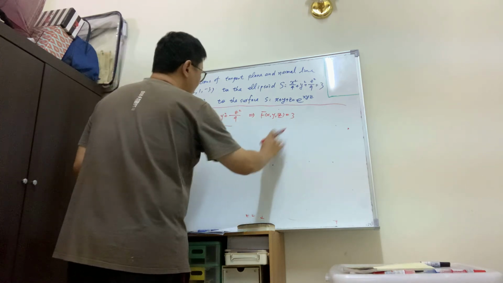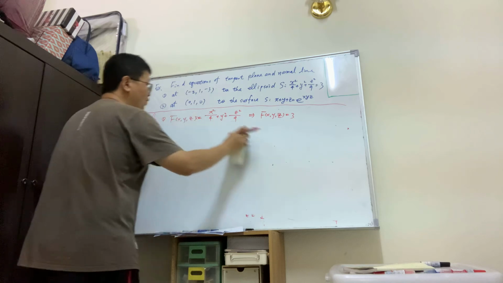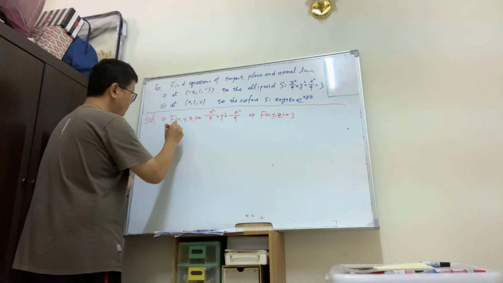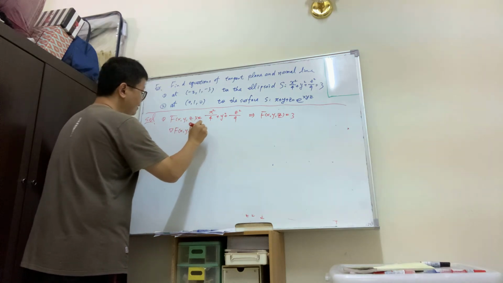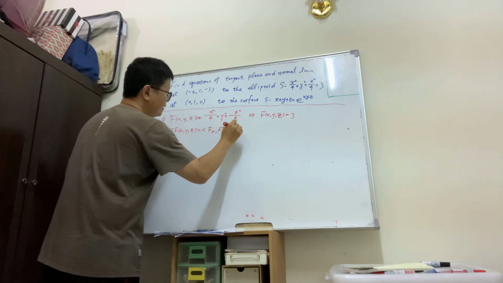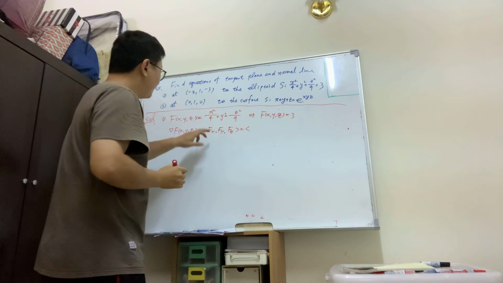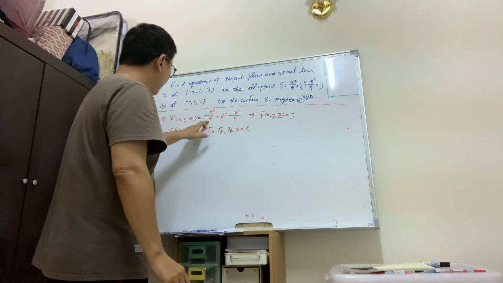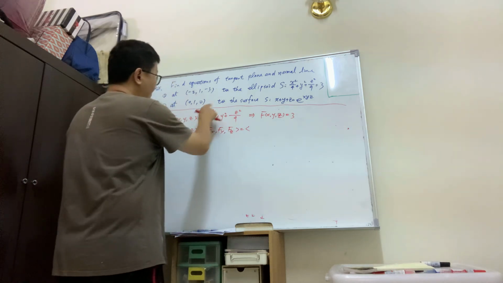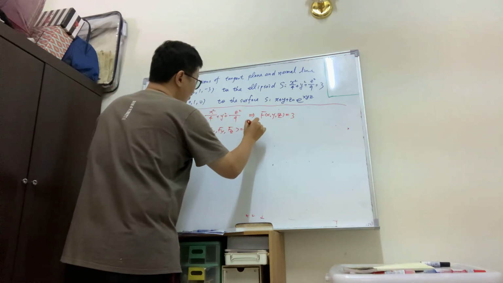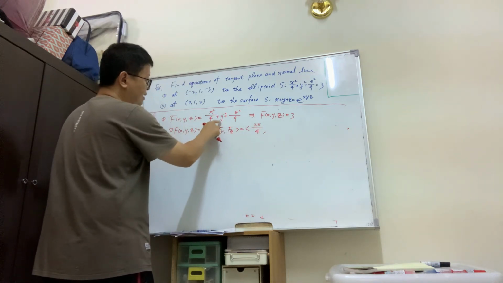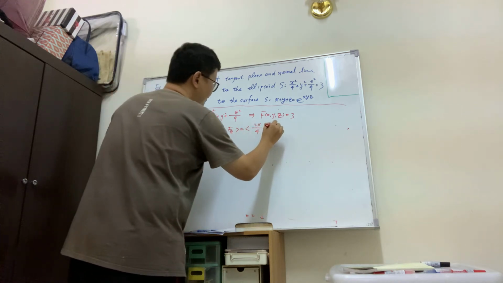Anyway, you have this form, so we could apply our formula, and we should consider its gradient. What's this? Fx, Fy, Fg, right? If we consider the derivative with respect to x, then we should view y and g as constant. So this term's derivative is 2x over 4, right? Then the second term's derivative is 2y.